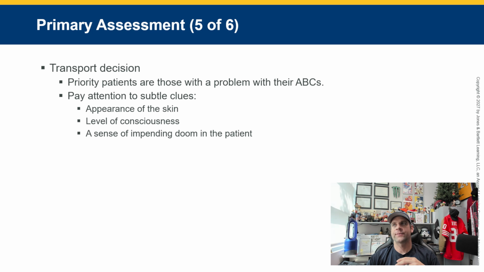The rest of your examination, you're more so looking for non-life-saving type treatments, right? Splinting fractures, controlling basic obvious bleeds, and just further assessments. To be fair, you could find a more life-threatening injury during your secondary, but they probably have other life-threatening situations that were found in the primary.